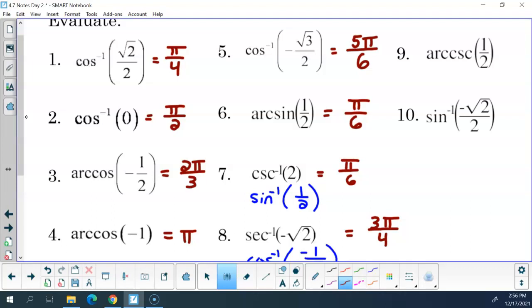And then it would be of 2. Because cosecant goes with sine, everything needs a co. So it would be arc sine of 2. Which is not possible because on the right half of the unit circle, where is my sine value 2? Nowhere. So not possible, undefined, either one will accept.